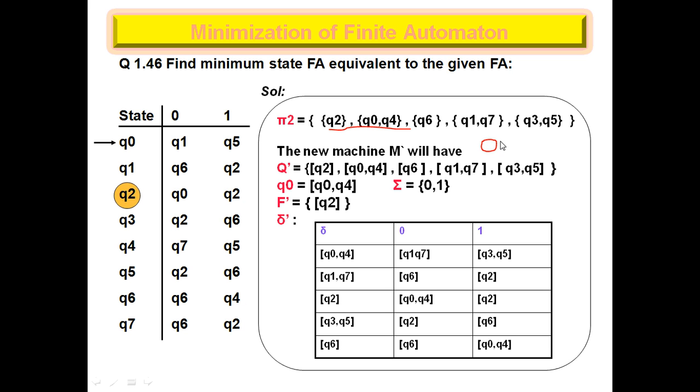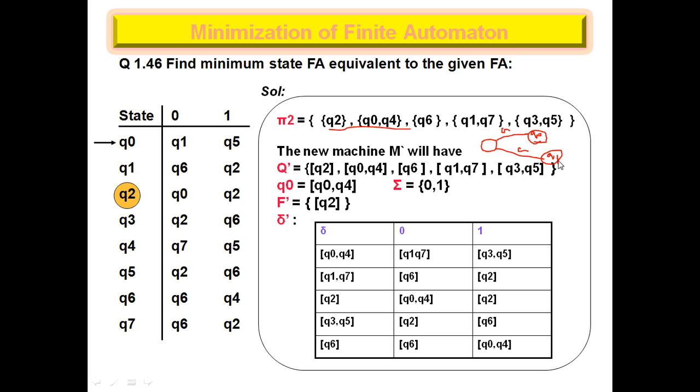Let's try to understand. Q0, Q4, two states. From a state, for an input, we reached Q0. And for a, we have again a state here itself, that is Q4.